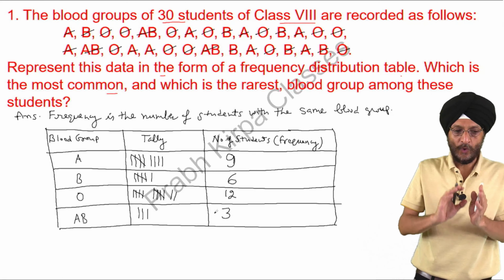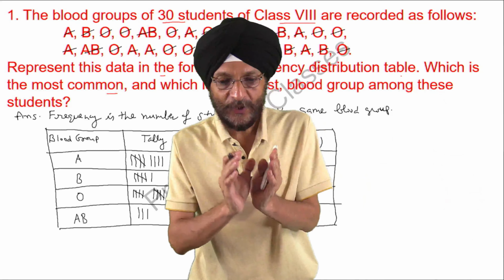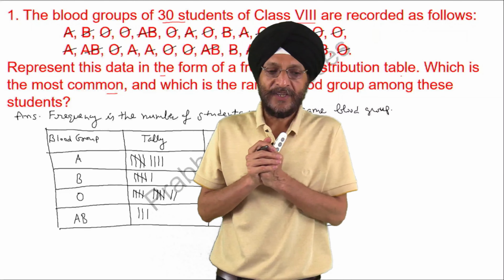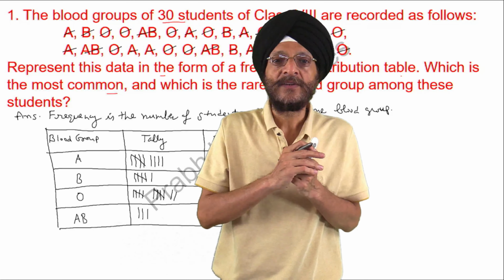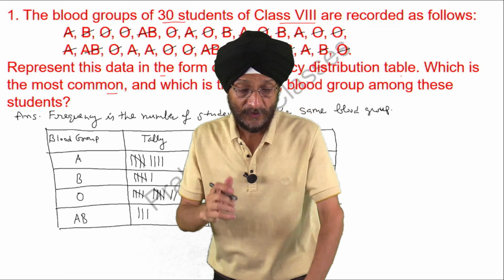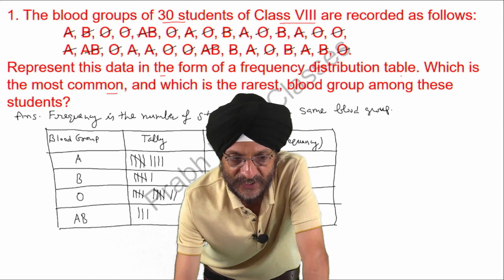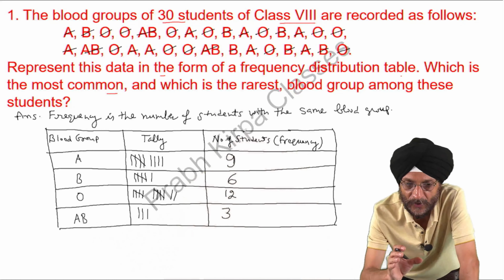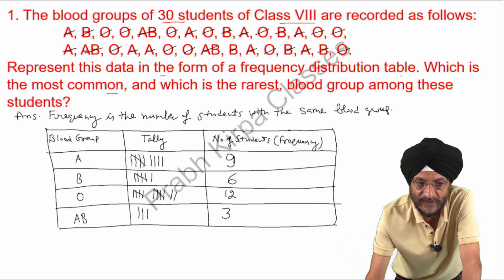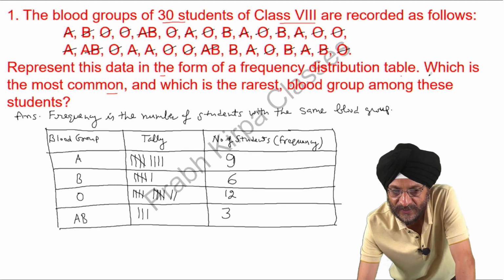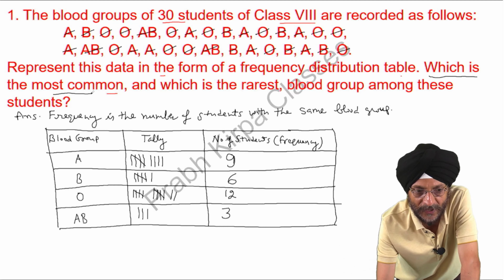So far we have built the frequency distribution table in respect of 30 students who were having different blood groups. That is the number of students having a particular blood group. Now what is the other question which is written here? Which is the most common blood group?